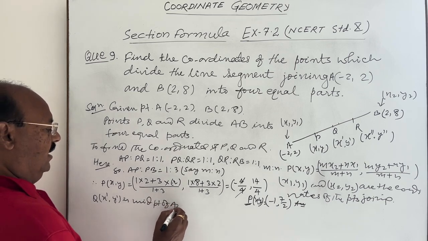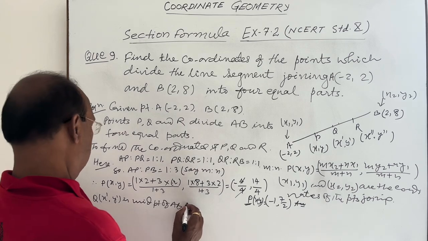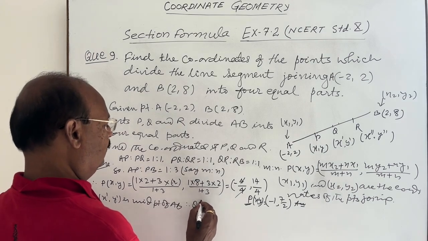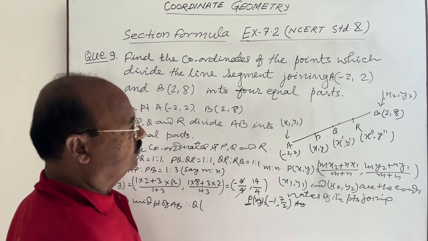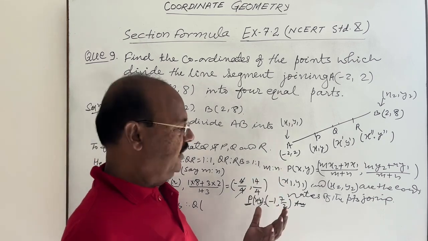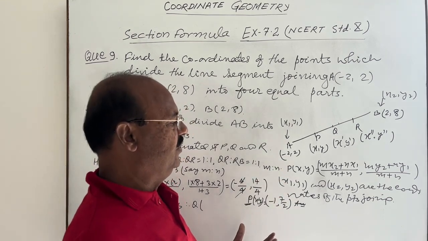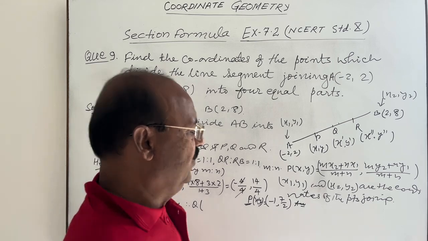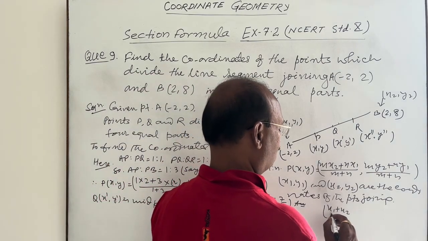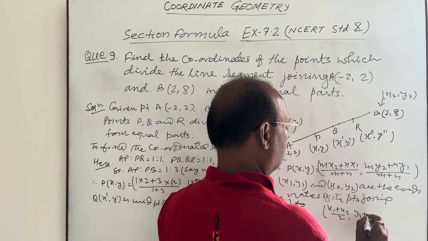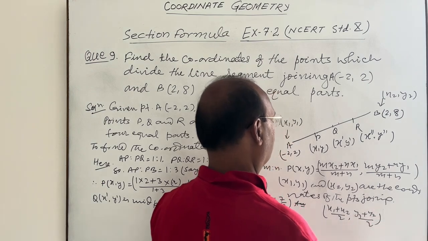In the introduction of section formula we discussed that the coordinates of a midpoint can be found with the formula (x1 plus x2) by 2 and (y1 plus y2) by 2.